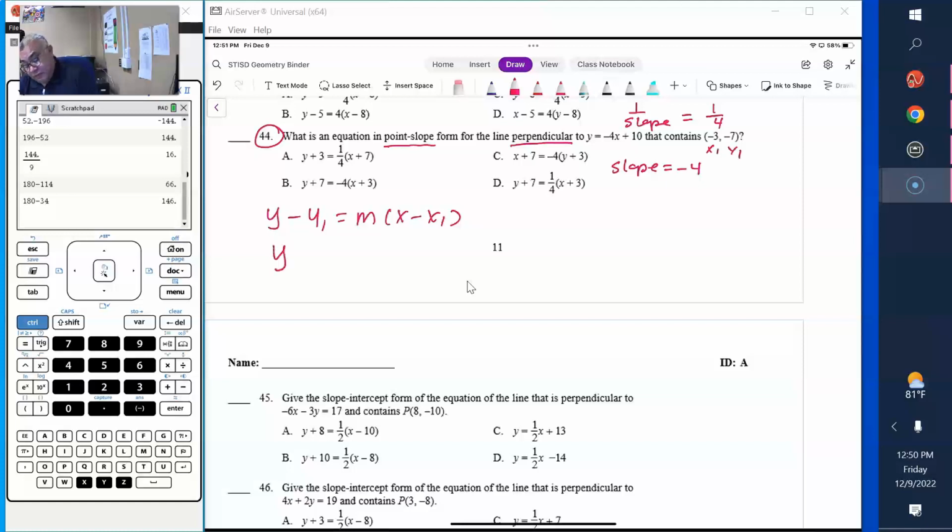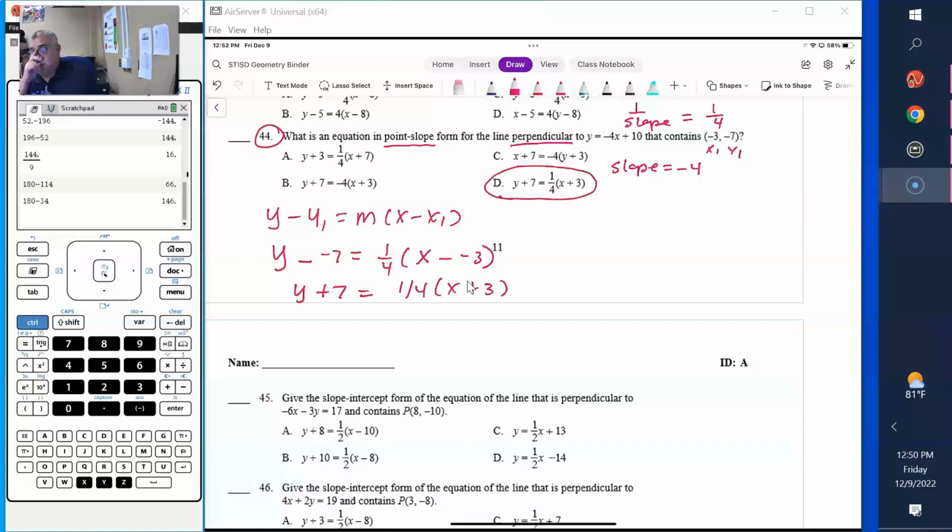Y minus negative 7 equals 1/4 x minus negative 3. Now, that minus and the negative is going to probably mess you up, so make sure you understand that it's a minus and a negative. That's going to be positive, so you have y plus 7 equals 1/4 x plus 3. So your answer is D.